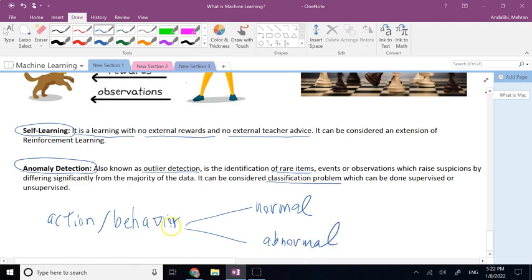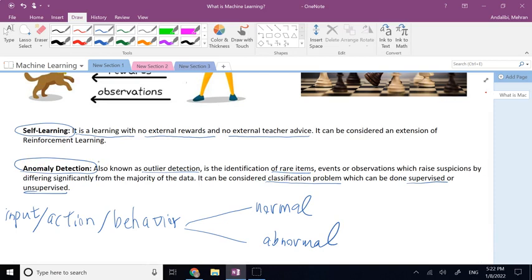So that data that I see as input, what category is it? So I can say it's a classification problem, and it can be done with supervision or without supervision, right? But in general, I am hesitant to call anomaly detection a class of its own under machine learning.